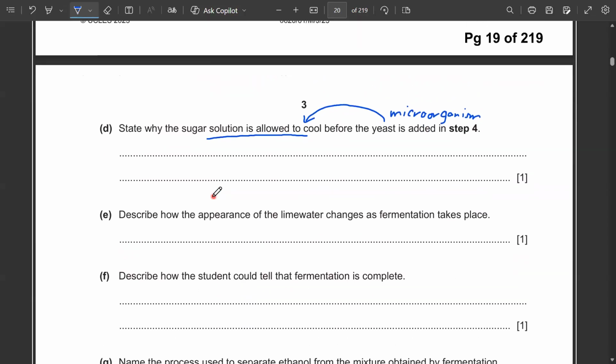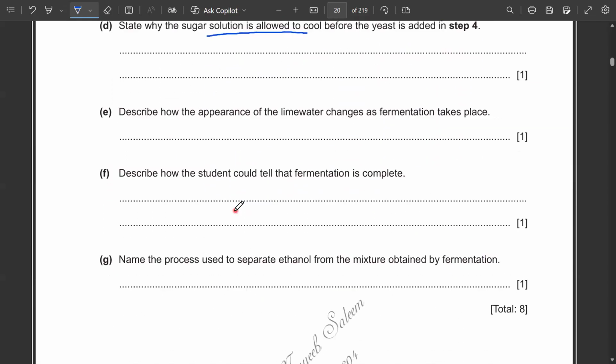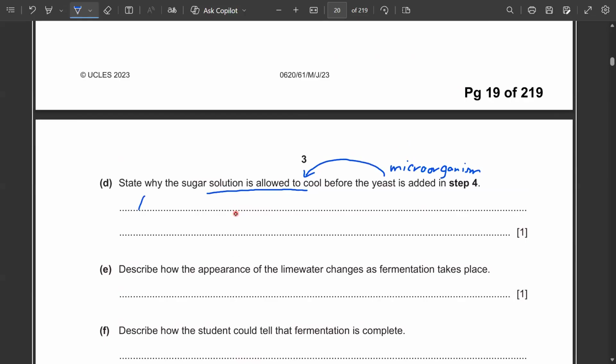Another thing, we are applying the fermentation method here. And we remember from the literature that fermentation occurs between the temperature of 25 degrees centigrade to 35 degrees centigrade, because in this temperature range the yeast can work properly. So we will write that fermentation occurs between 25 degrees centigrade to 35 degrees centigrade.